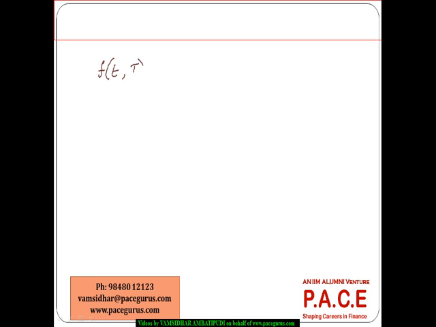We have one simple numerical which says the instantaneous forward rate is given to us as 0.03 times e to the power of minus 0.1 times (u minus t) plus 0.06 times (1 minus e to the power of minus 0.1 times (u minus t)).